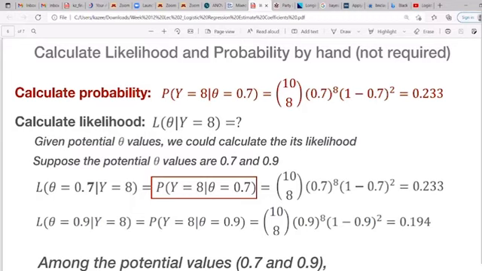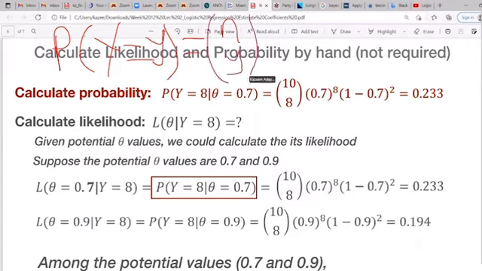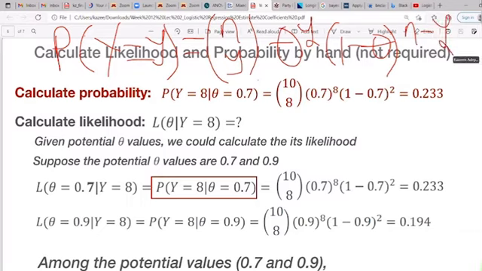The formula I want to use is the binomial formula, which is P(Y = y) = n choose y times theta raised to the power y, times 1 minus theta raised to the power n minus y. That's a binomial probability distribution.